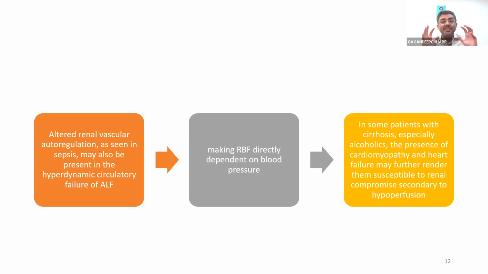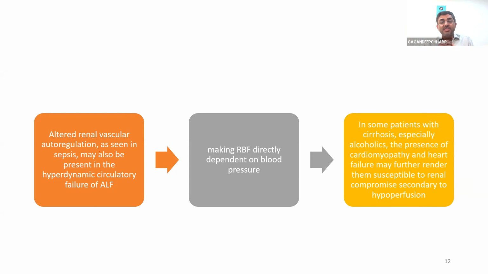So altered renal vascular autoregulation, as seen in sepsis, may also be present in the hyperdynamic circulatory failure of acute liver failure. This makes renal blood flow directly dependent on the blood pressure. So this decreased renal blood flow depends upon blood pressure rather than help from autoregulation of the renal function.